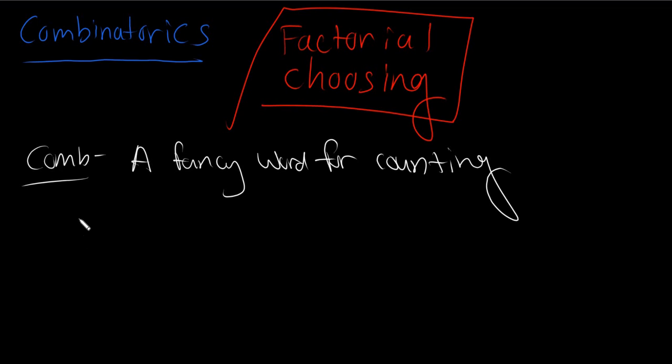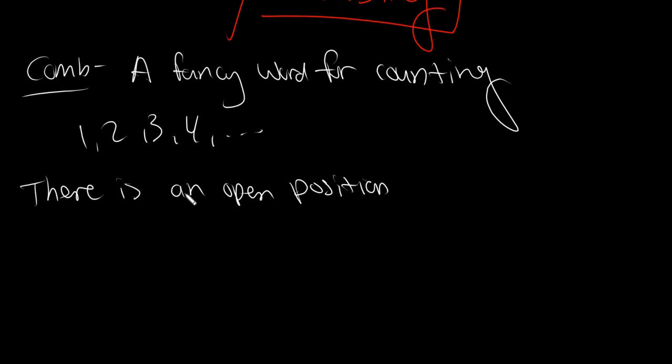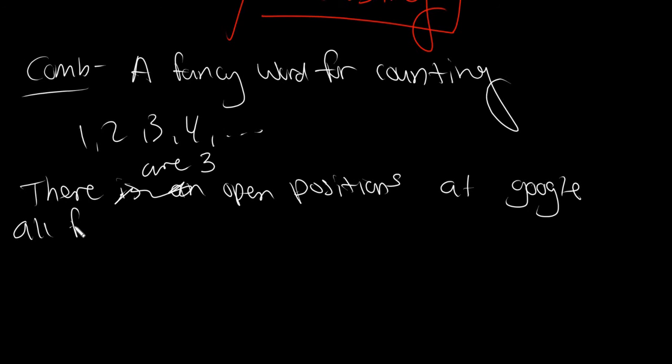And counting's pretty easy. 1, 2, 3, 4. Well, that's not so bad. But what if I asked you this? There are 3 open positions at Google, all for web developers.